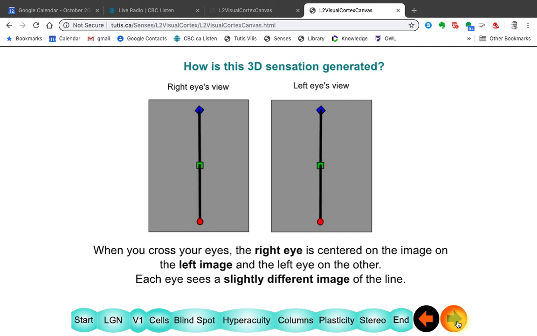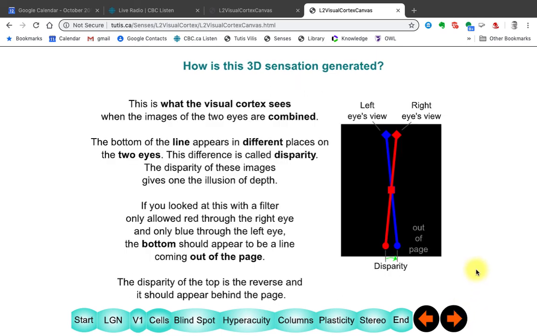Okay, because each eye sees a slightly different version, and this is sort of what each eye would see. So this one eye would see this shape. The other eye would see this shape. Some cells that are looking at this part of the figure would have this disparity, so this difference between the two eyes.